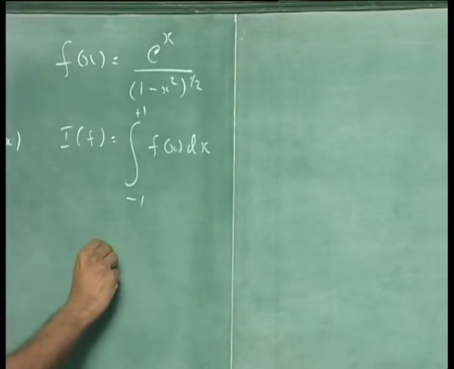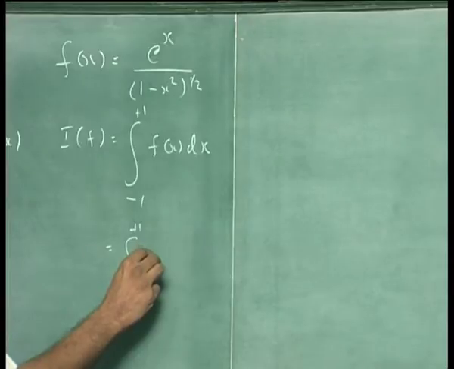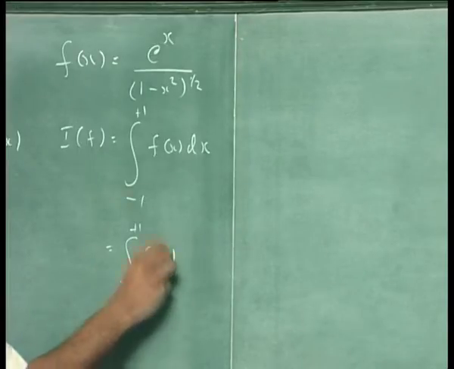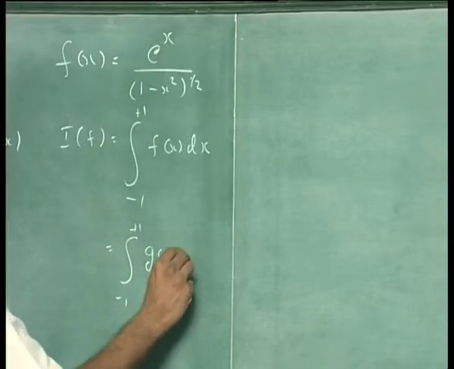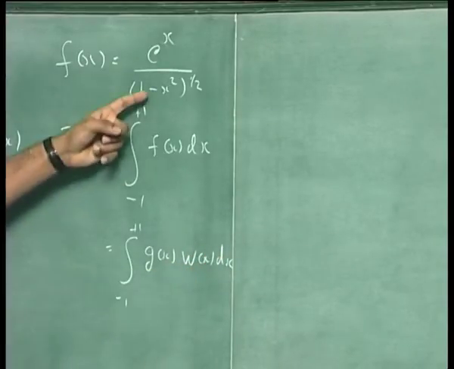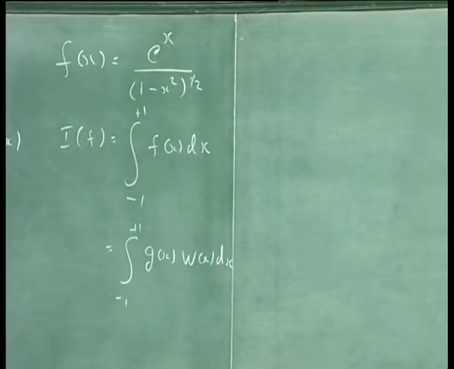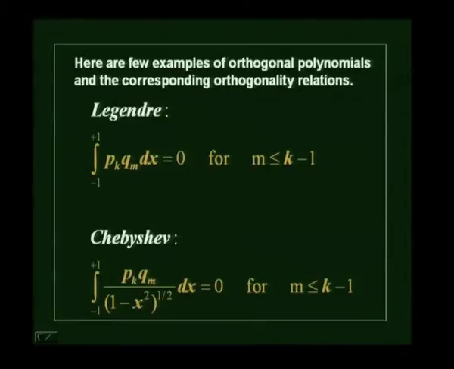But you can write this as the integral from minus 1 to plus 1 of g of x, which is now our e to the power of x, which is well behaved, times w of x dx. The w of x is 1 over 1 minus x square to the power half, and then we can use this Chebyshev form straight away. So, that is the advantage of this method.